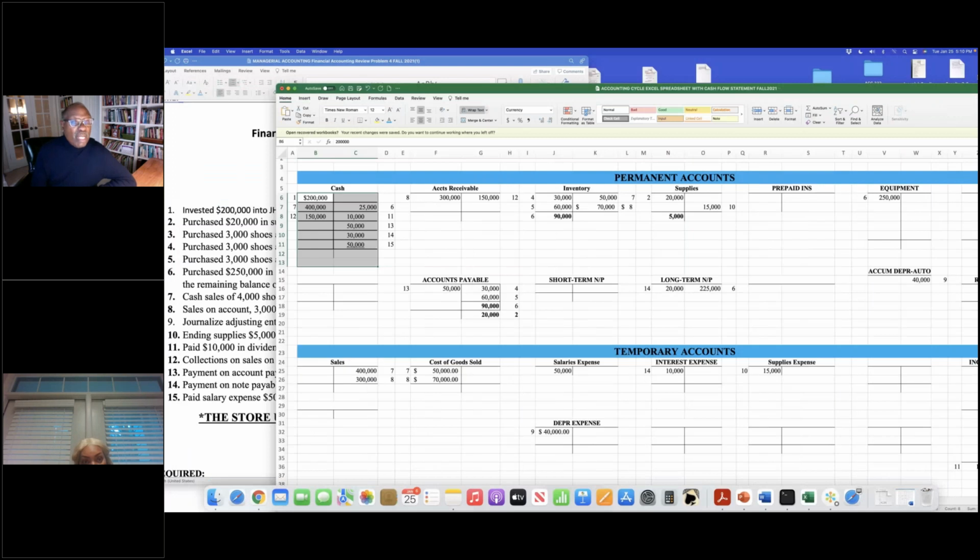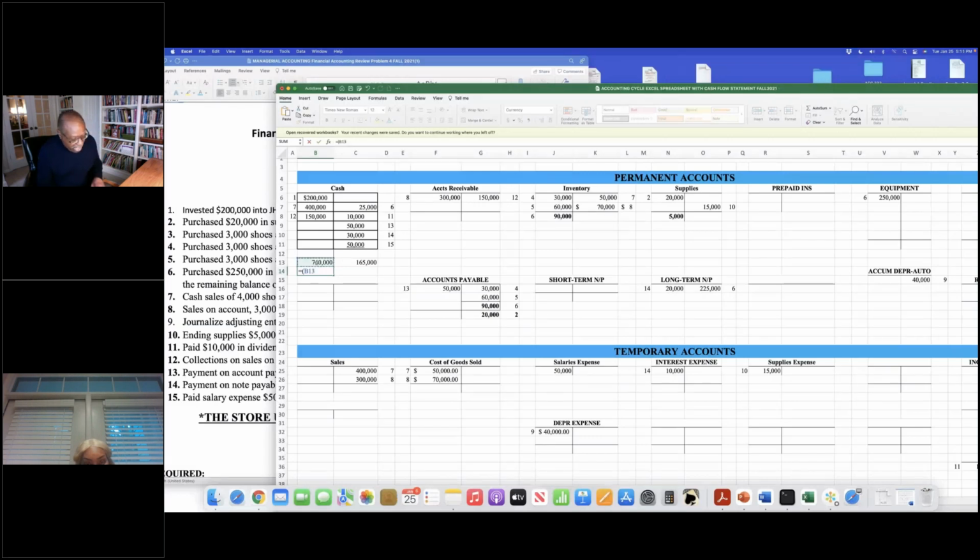AutoSum. This tells us that our total debits are 750 and our total credits are 165. Then we come in here and put in an equal sign, a formula. We open some parentheses and click on the 750, then put a minus sign and click on the 165.